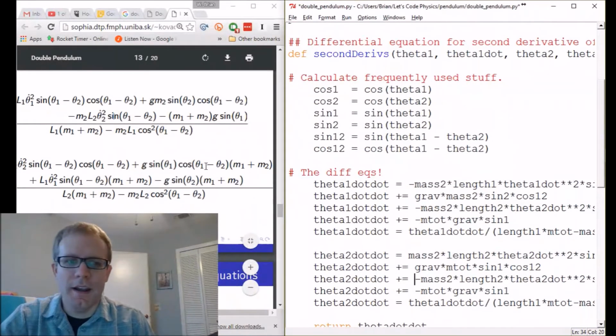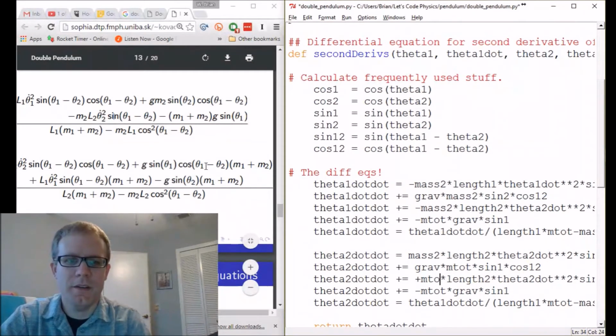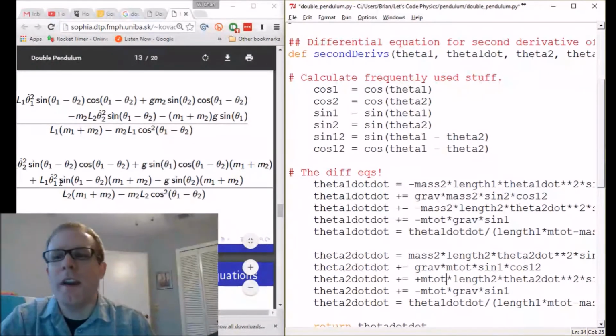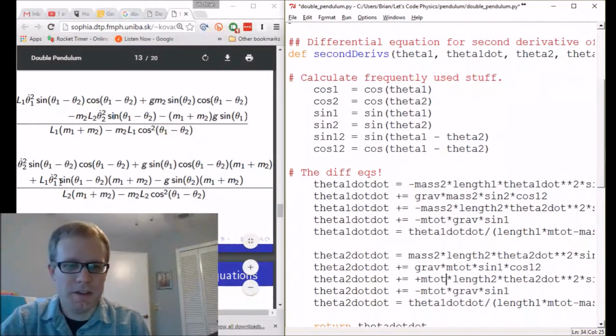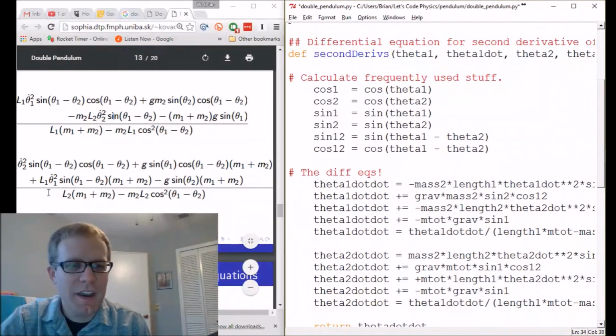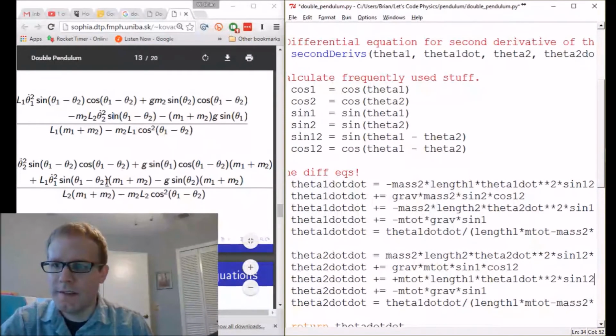And then I've got plus, now this one also has mass total. Okay, this is where the symmetry must get restored between the 1s and the 2s, from all these mass totals. There's a length 1, there's a theta 1 dot squared, right? So I've got the mass total, length 1, theta 1 dot squared, and sine of 1, 2.